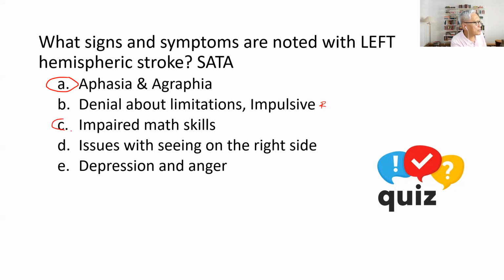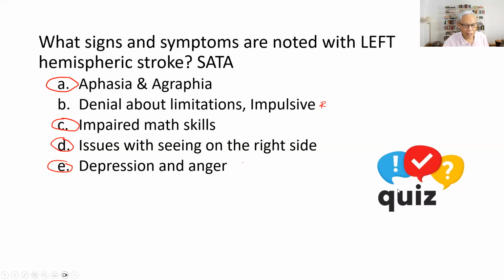Impaired math skills, you remember I told you I'm not a left-sided individual, and these individuals are very good in math. And of course, there's going to be issues with seeing on the right side, like right hemianopsia. And there's going to be depression, because slow is depressed, and anger. So it's A, C, D, and E.